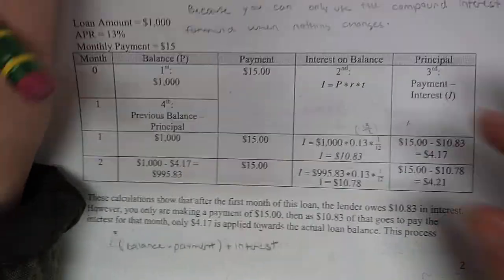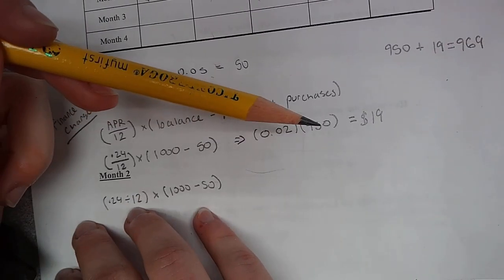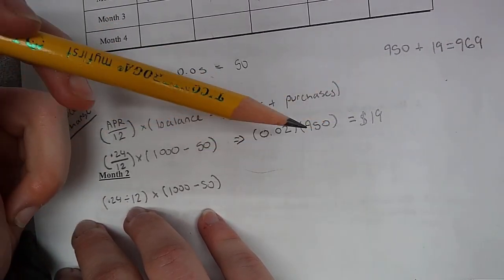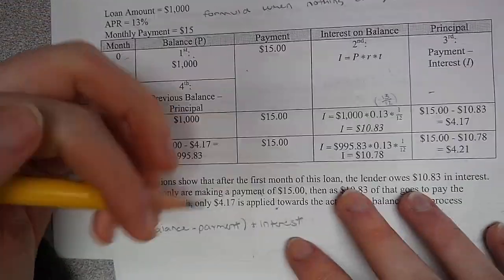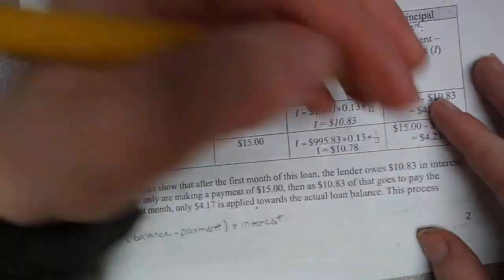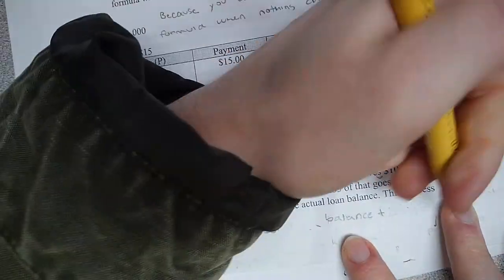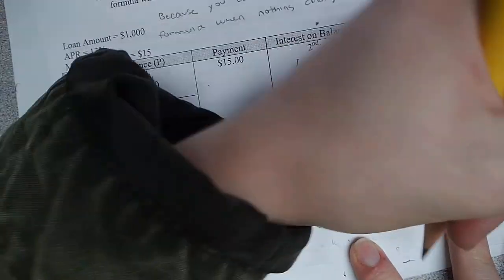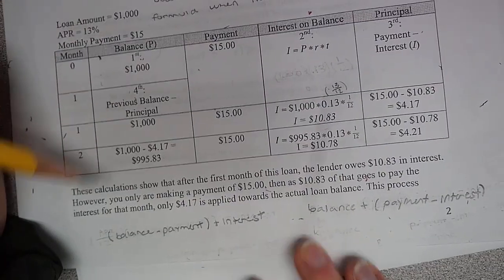Remember how we did that? How we took that $950 and then we added it. So this is the balance minus the payment, then we added that to the interest. Here we're doing something a little different. We're doing balance plus payment minus interest. It looks funky, but it's the same answer.